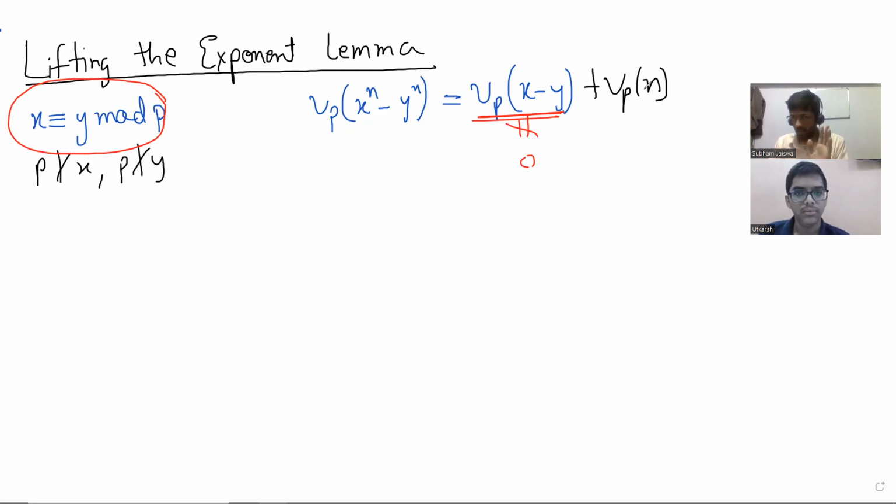It may not divide n, but p has to divide x minus y. Like all of the things we have discussed till now, for that p needs to divide x minus 1. Even we started with p dividing x minus 1, so the starting point was also like that. So that is necessary.